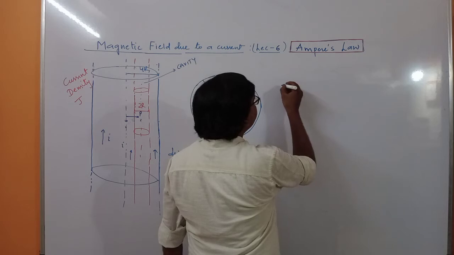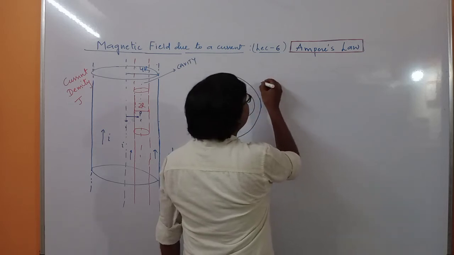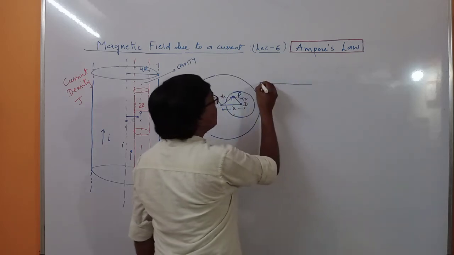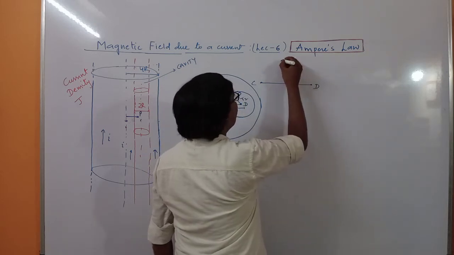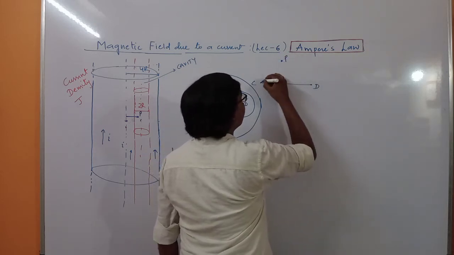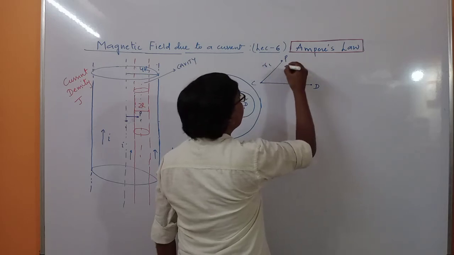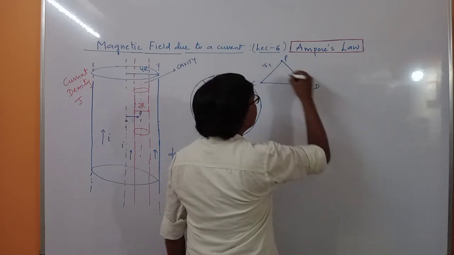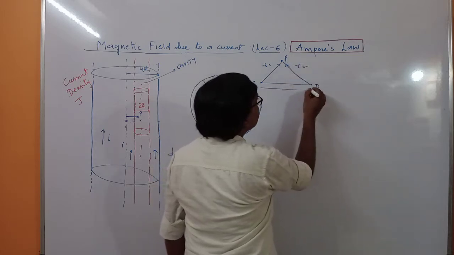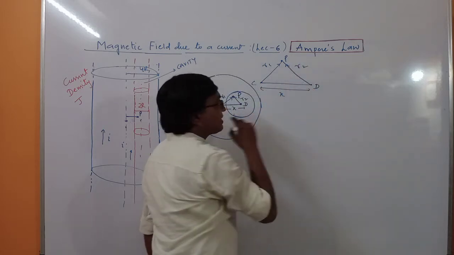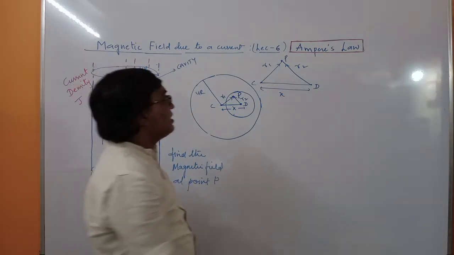So let us take that triangular diagram. This is point C, this is point D, and here we have point P. This distance is r1, this distance is r2, and this is x, the center to center distance.